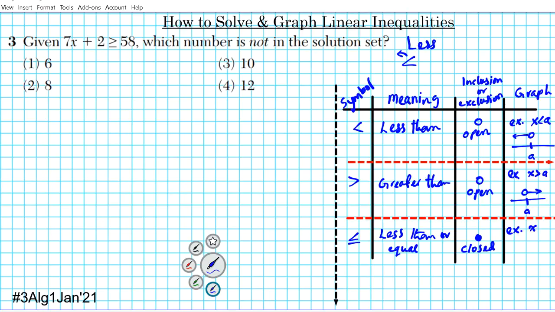If you have x ≤ a, it means all the numbers less than a, including a. Using the number line, less than is everything to the left. So you see the difference: less than is just all the numbers less, but less than or equal to includes the right boundary point, namely a.